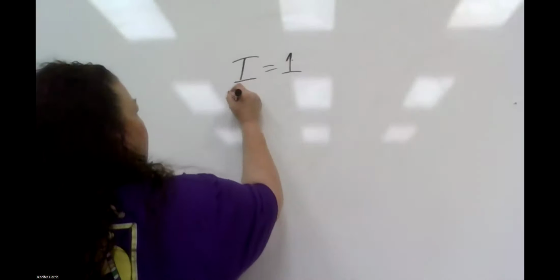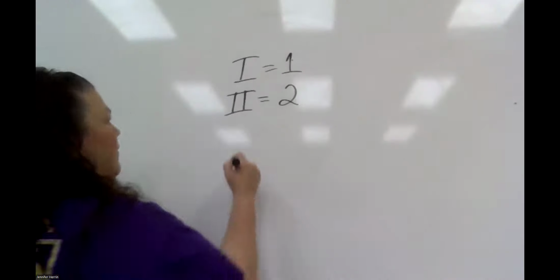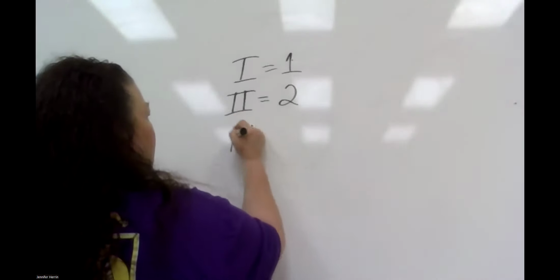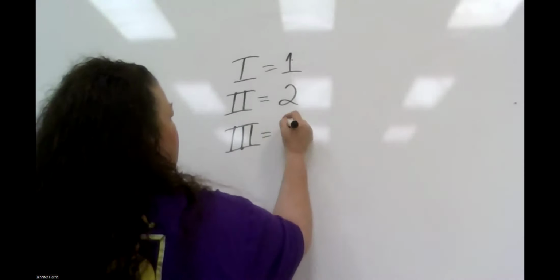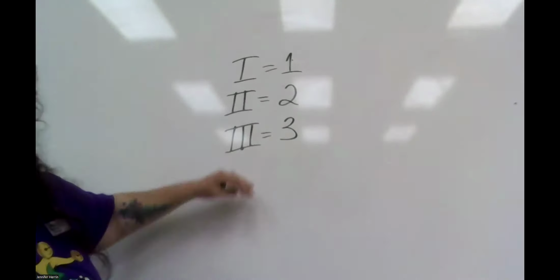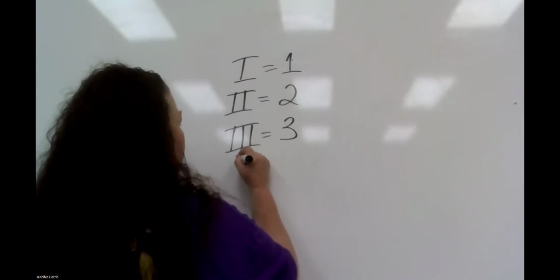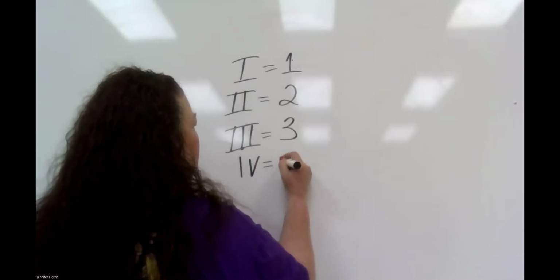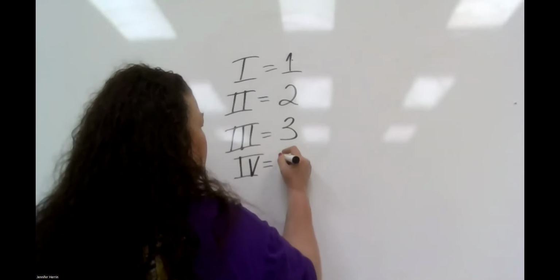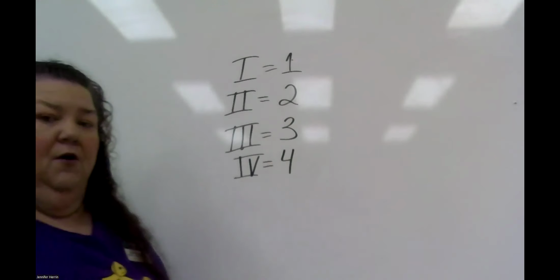Then we have 2 I's representing the Arabic number 2. Then we have 3 I's representing the Arabic number 3, but we can't repeat this character more than 3 times. So when we hit the Roman numeral 4, the way it is expressed changes, like so.